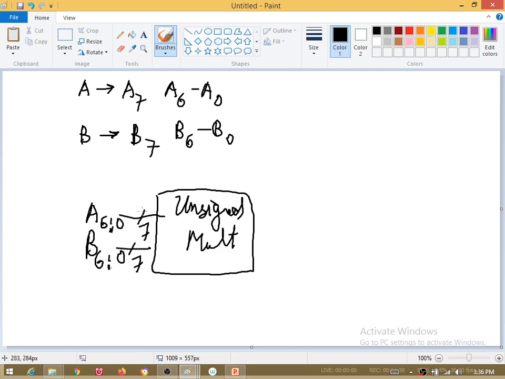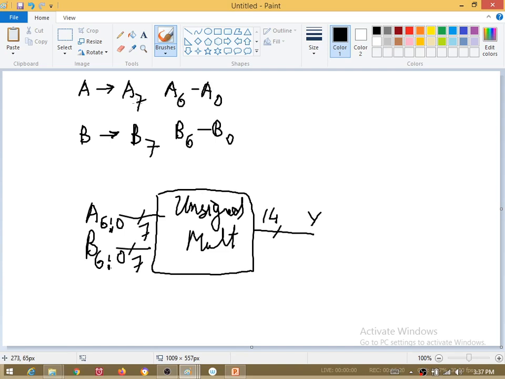A of 6 colon 0 will enter, B of 6 colon 0 will enter into an unsigned multiplier, and it will lead to a how many bit answer? We just saw earlier today that if you multiply two 7-bit numbers, it leads to a 14-bit answer. Okay, so let's say this answer is Y.